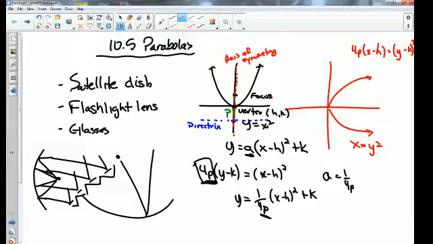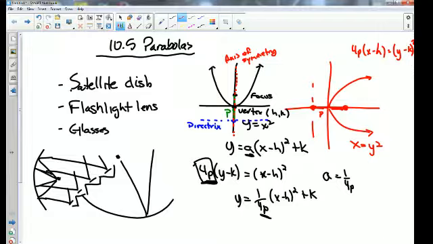So always keep the vertex values with the variable it matches. But again, your value for p is still the distance between the focus and vertex, and the directrix and vertex. That's still p. It's the same drill except you're facing sideways.